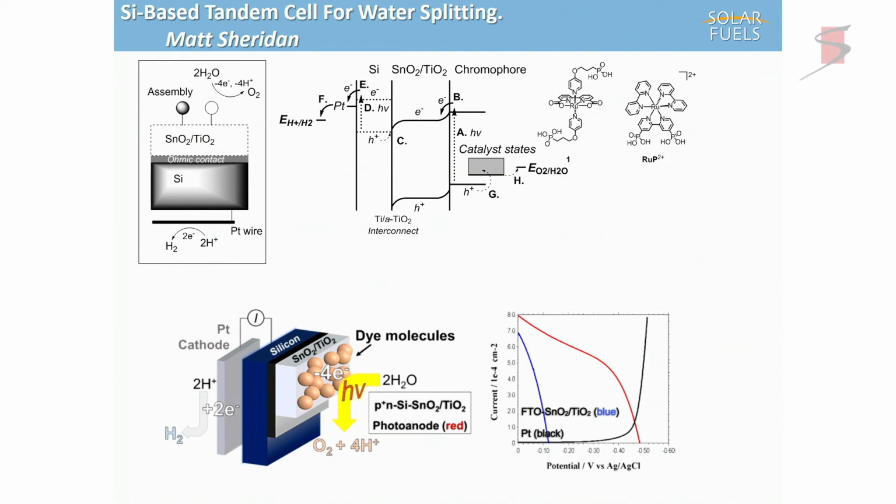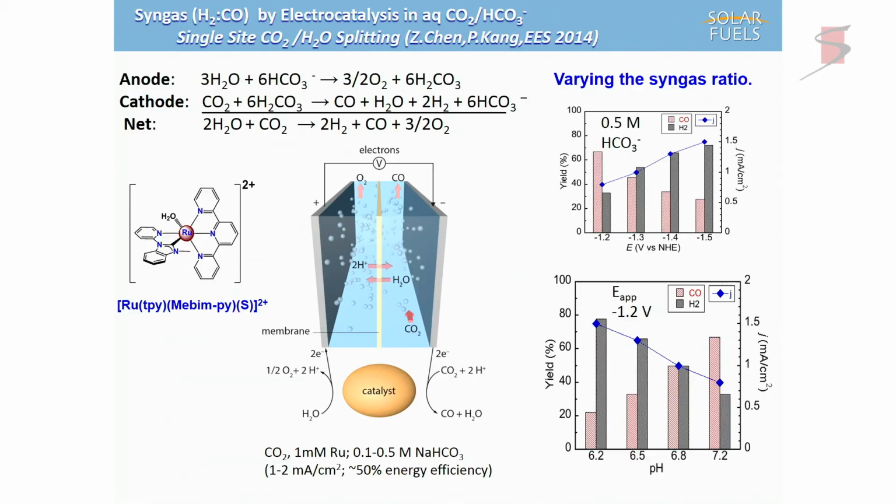On top of that, I bury it on a piece of silicon. Now light comes in. Part of the spectrum gets absorbed here. The rest goes to the silicon, which absorbs all the way into the near infrared. That light goes across to the other side to make hydrogen. So the whole thing is a water splitting cell. So there are ways to play this, I think, in a clever way.